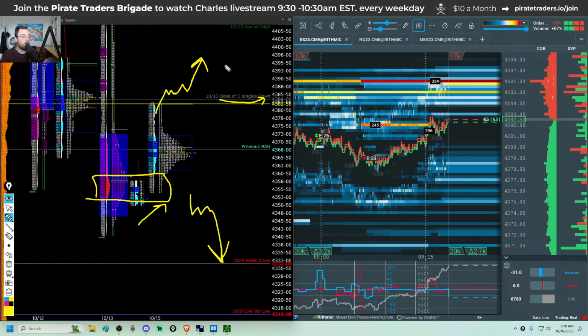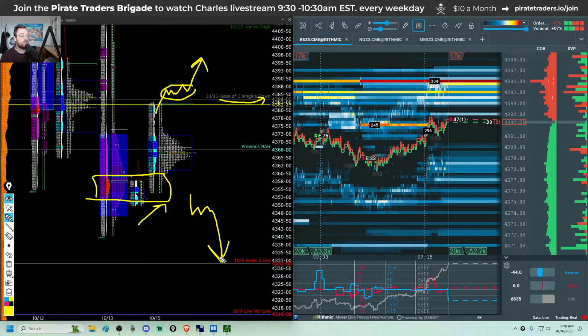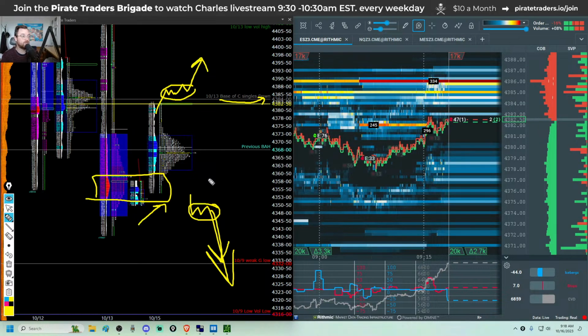Because if it's going to go higher, first we'll get support here, and then it will go a lot higher. And if it's going to go lower, first we'll get resistance here, and then it'll go a lot lower. But it will be very choppy in between those two. And that's the market understanding that I come into the market with this morning.